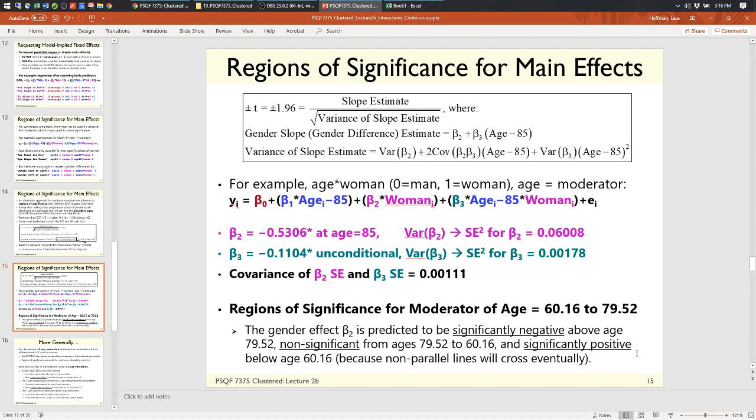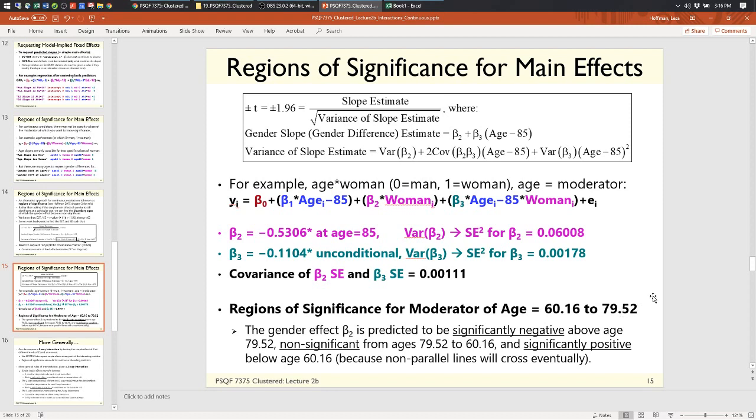So if you work out the formula using the standard errors from the model, and these are the numbers that would show up in the output, I have an example related to this in, I think, chapter 2, is where I pulled this from in my book. It works out that the region of significance for age is 60.16 years to 79.52.